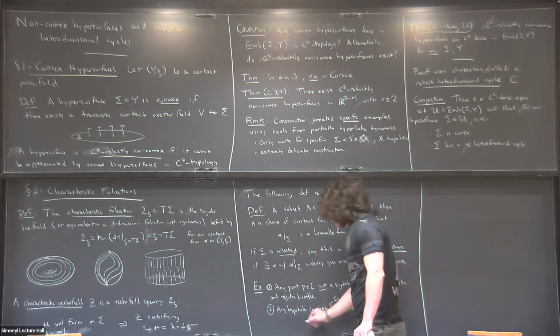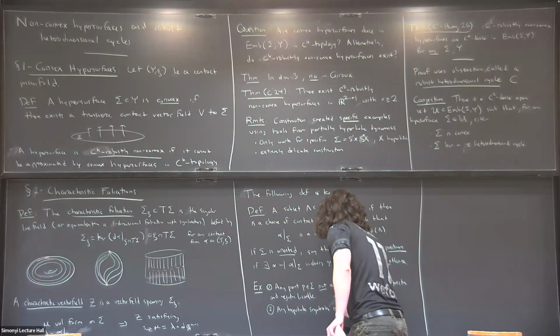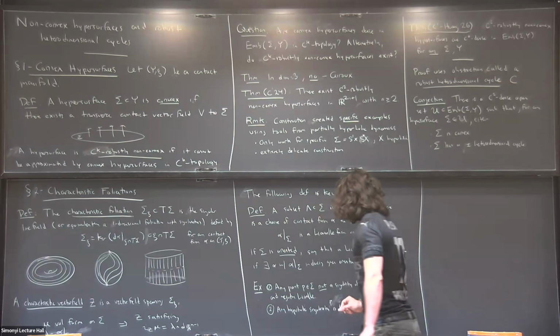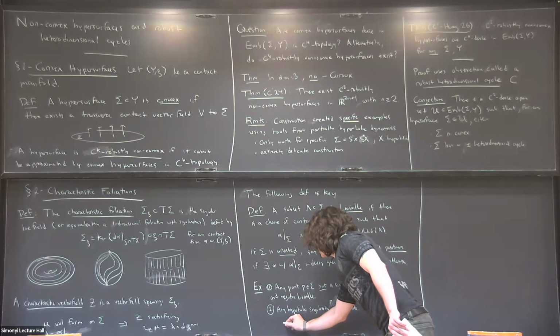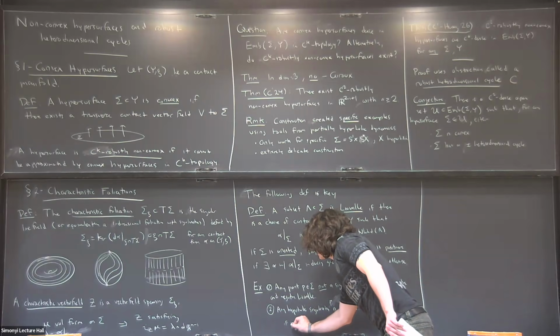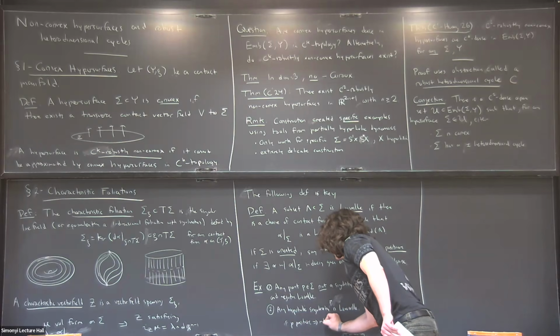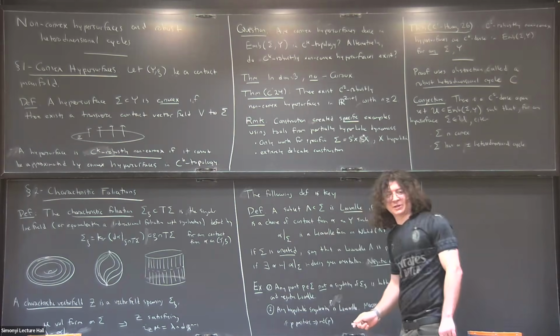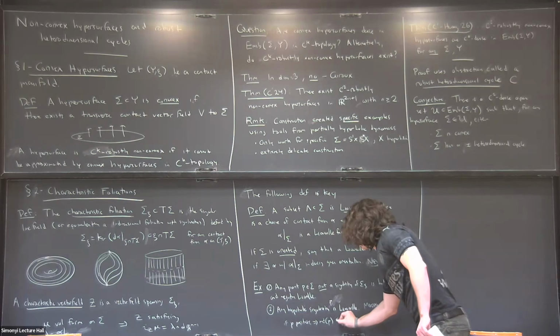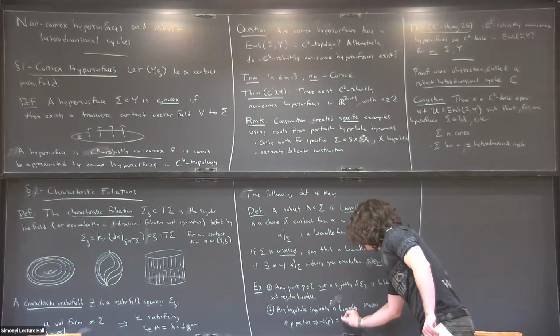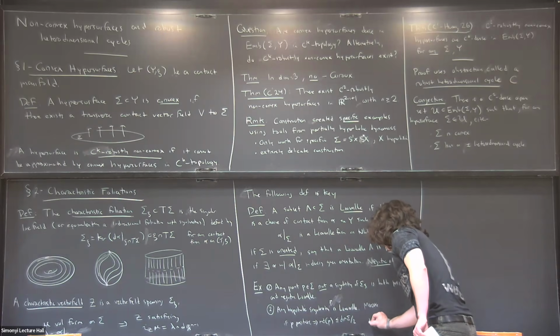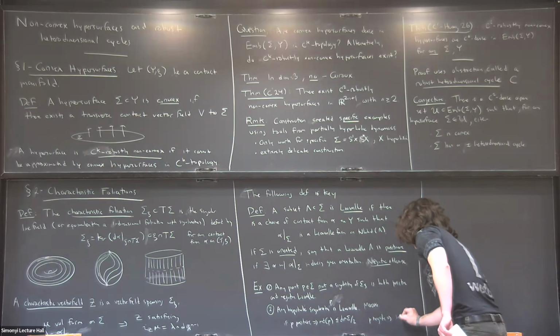Moreover, maybe I'll call it P. If P is positive, then the index of P, which is the Morse index of the singularity, has to be less than or equal to the dimension of sigma over 2. And if it's negative, then the index has to be greater than or equal to half the dimension.